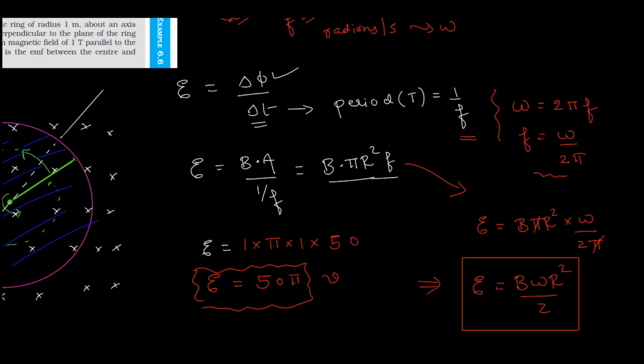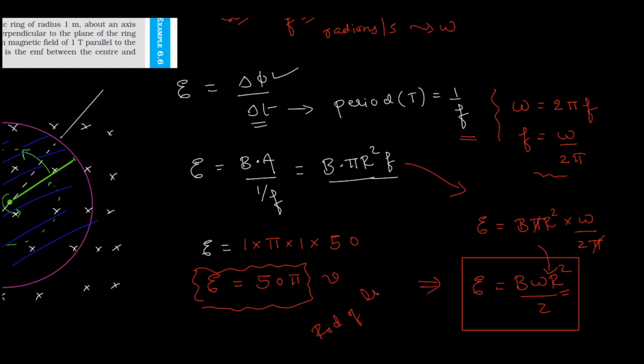This is the EMF in case a rod of length L, what am I saying, a rod of length r, so the length of the rod becomes the radius of the circle.